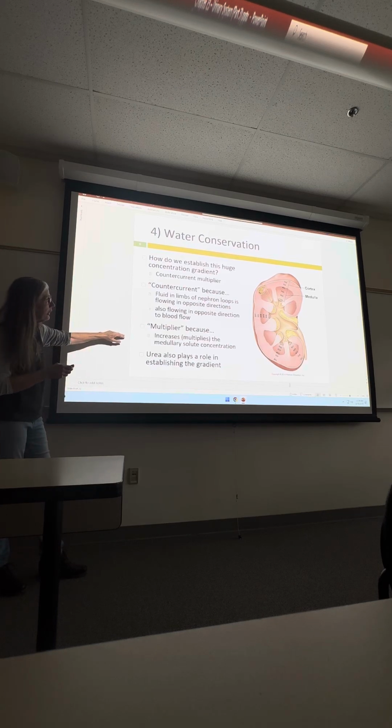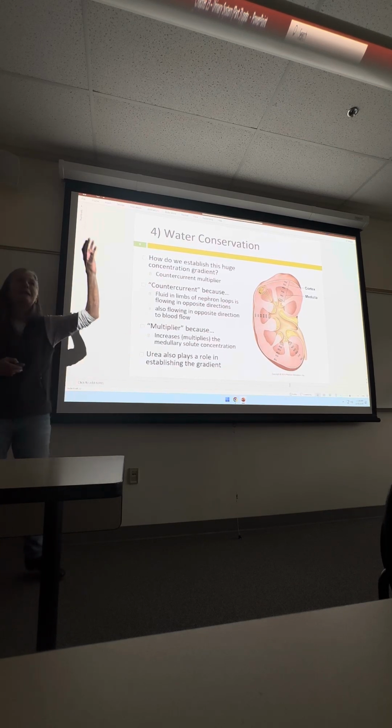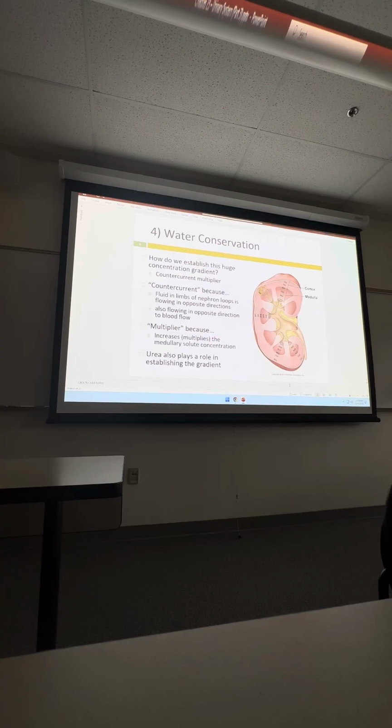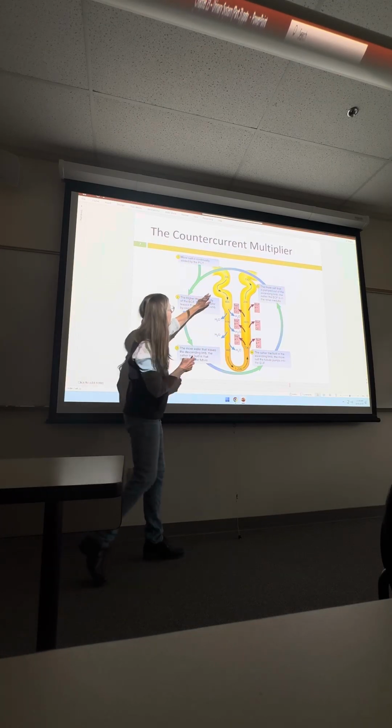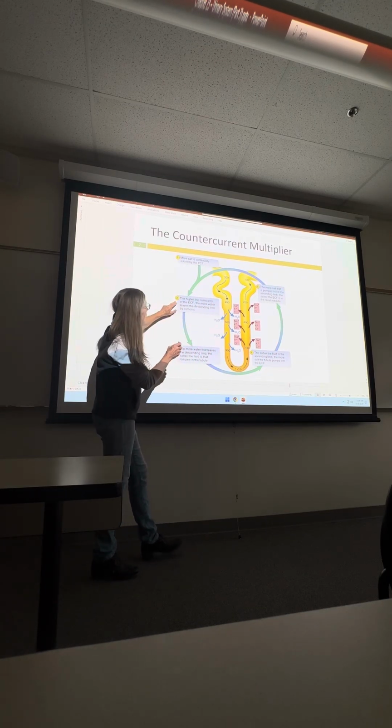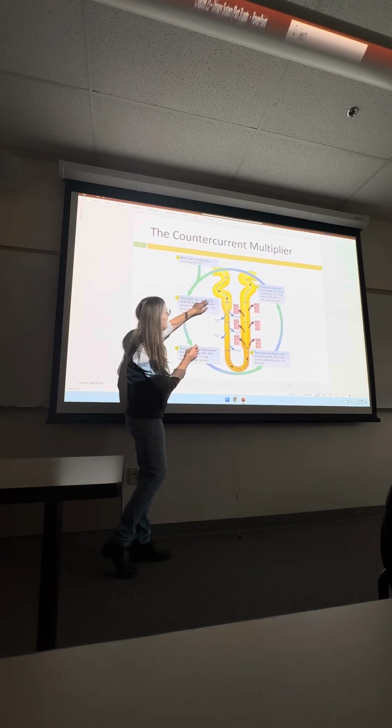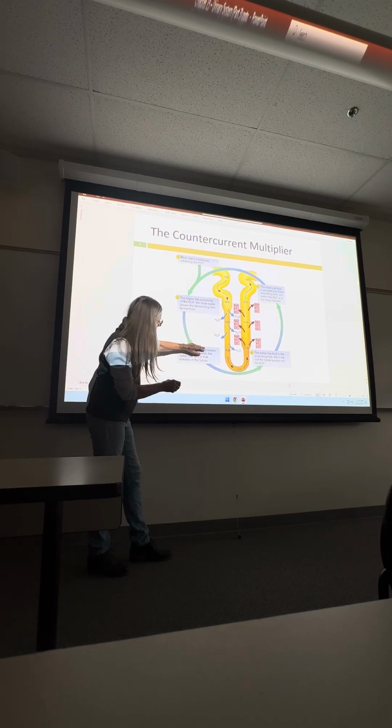The countercurrent part is because the blood flow is opposite to the tubular flow. Did you notice that? The blood flow is opposite to the tubular flow. So we have here our salty fluid, but it's not so salty as it is down here, right?